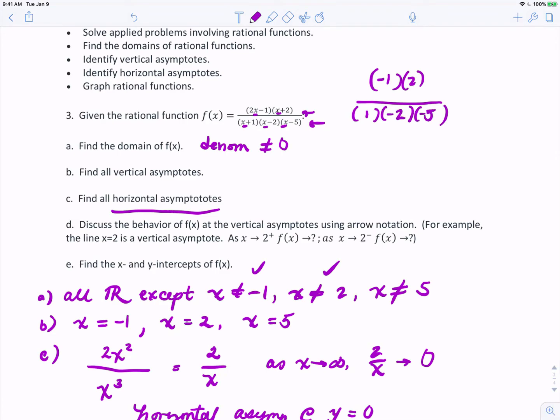And again, we're getting that by simply putting a 0 in for x. If we do that, we're going to get negative 2 over negative 10, or in other words, 2/10 or 1/5. So the y-intercept would be the point 0, 1/5.